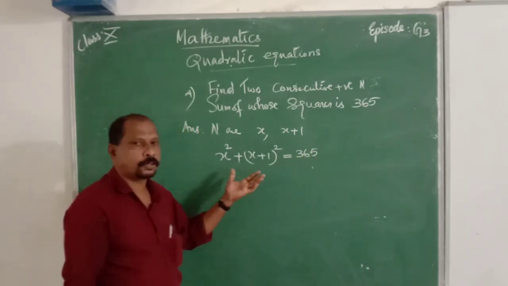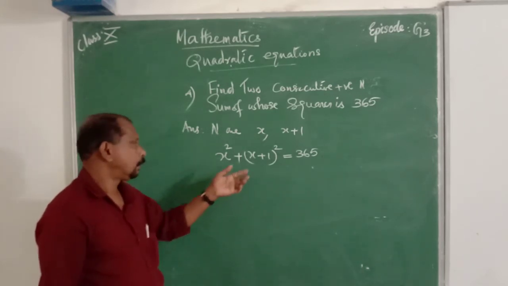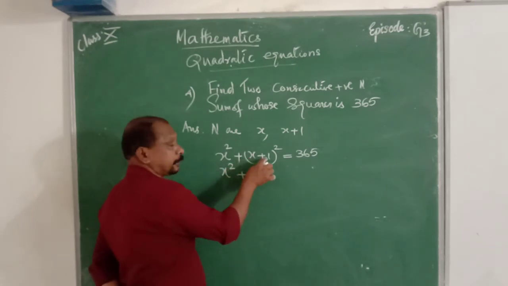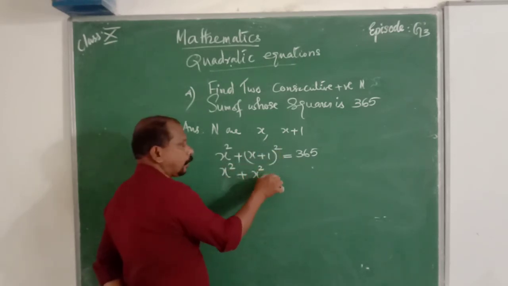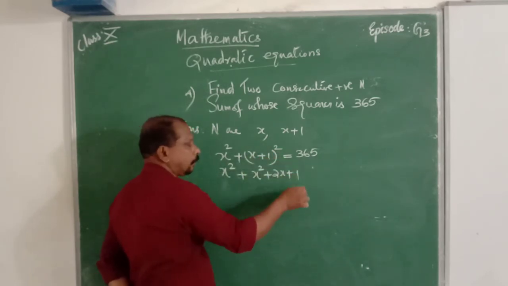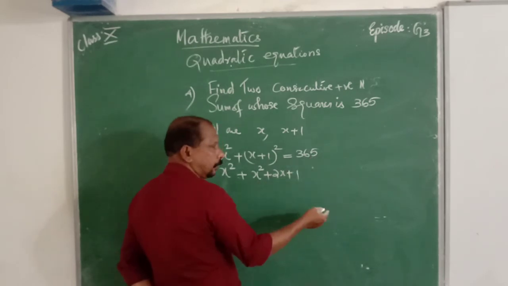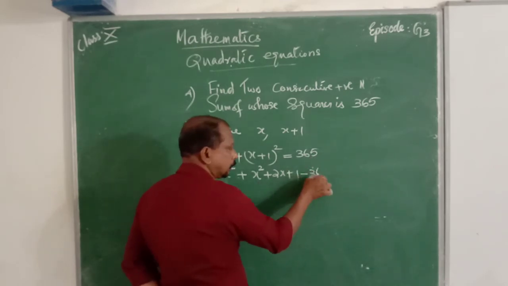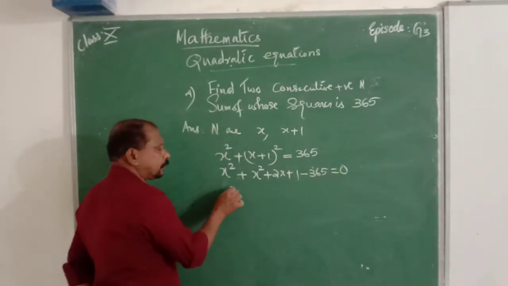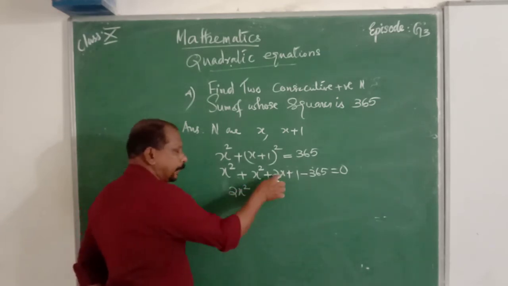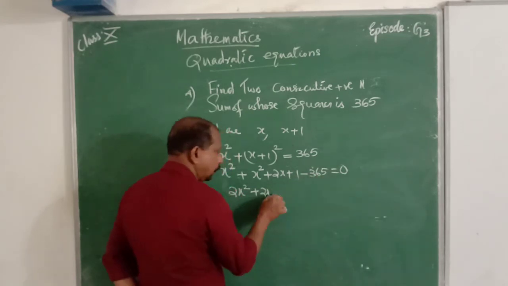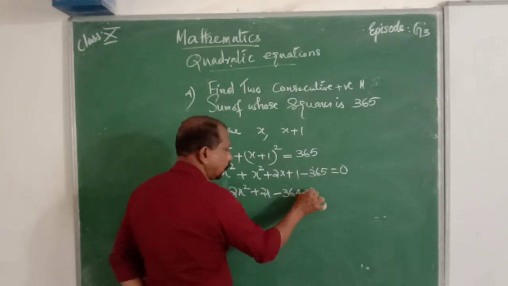Then this is not in quadratic form, we can express it in quadratic form. That is x square plus x plus 1 the whole square. a plus b the whole square is a square plus 2ab plus b square. 365 shifting to the left, minus 365 is equal to 0. x square plus x square is 2x square, plus 2x. 365 minus 1 is 364, minus 364 is equal to 0.